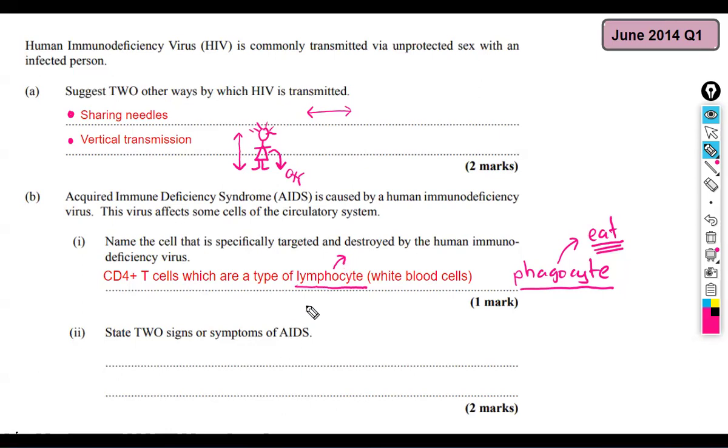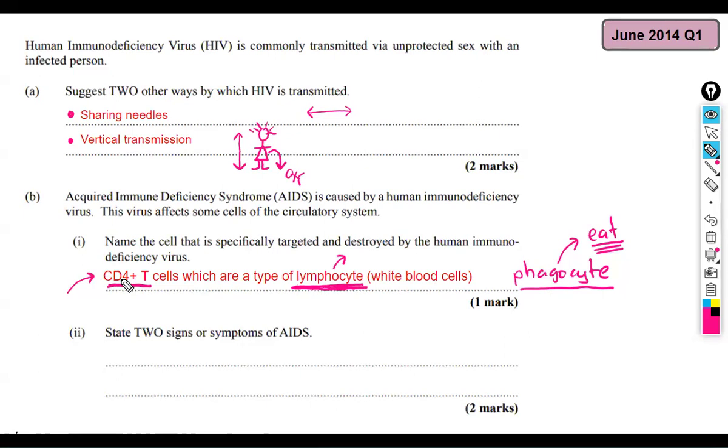But believe it or not, there are different types of lymphocytes. And one type of lymphocyte is called the CD4 plus T cells. The HIV virus specifically attacks those types of lymphocyte cells.